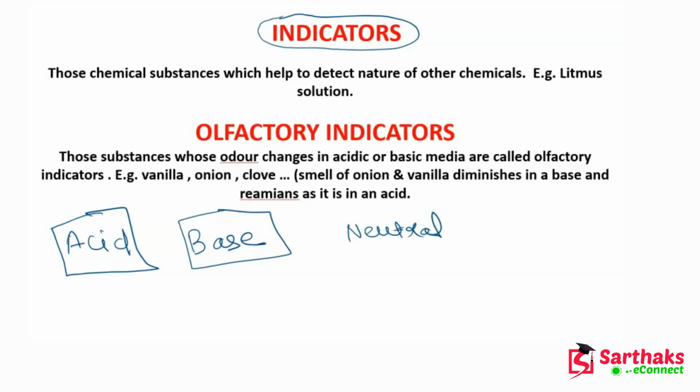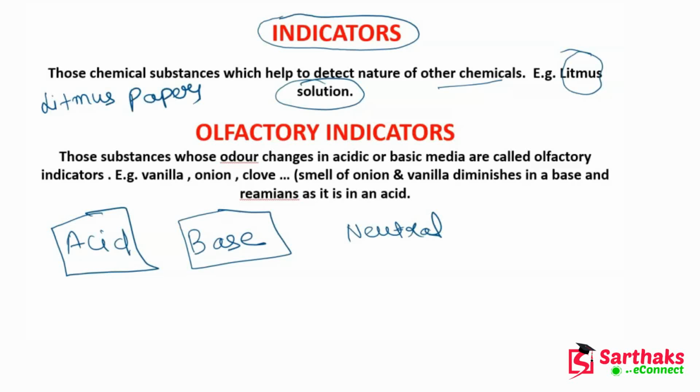Indicators are the chemical substances which help to detect the nature of other chemicals, and for example, litmus solution. When I was giving you some introduction about acids and bases, I also told you that acids are sour in nature, and if you want to find out whether a chemical substance is acid or base, then you can use litmus paper.